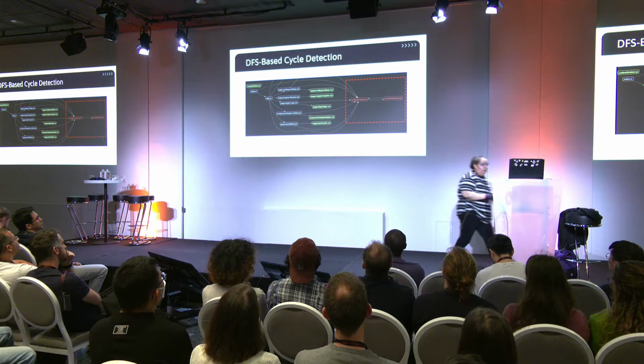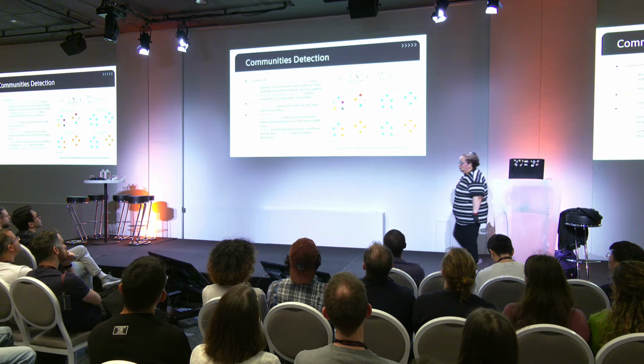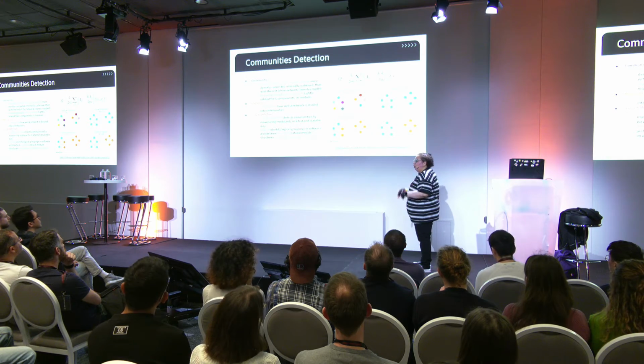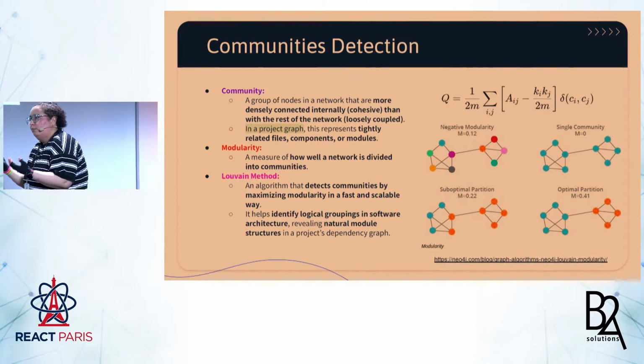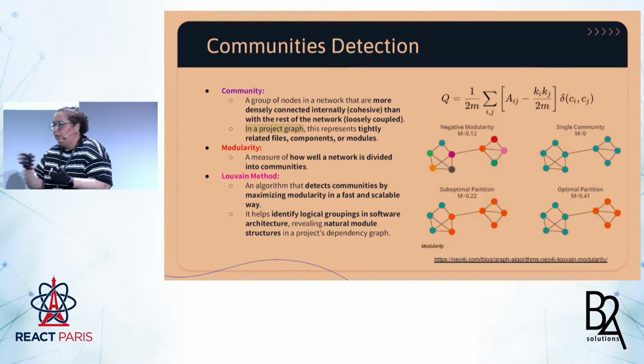Then what can I do more? I can detect communities. This is the magic, and this is the very important part of using graphs. When I ask what is the best way to organize my architecture, the first thing I do is to ask my colleague what is the best approach.